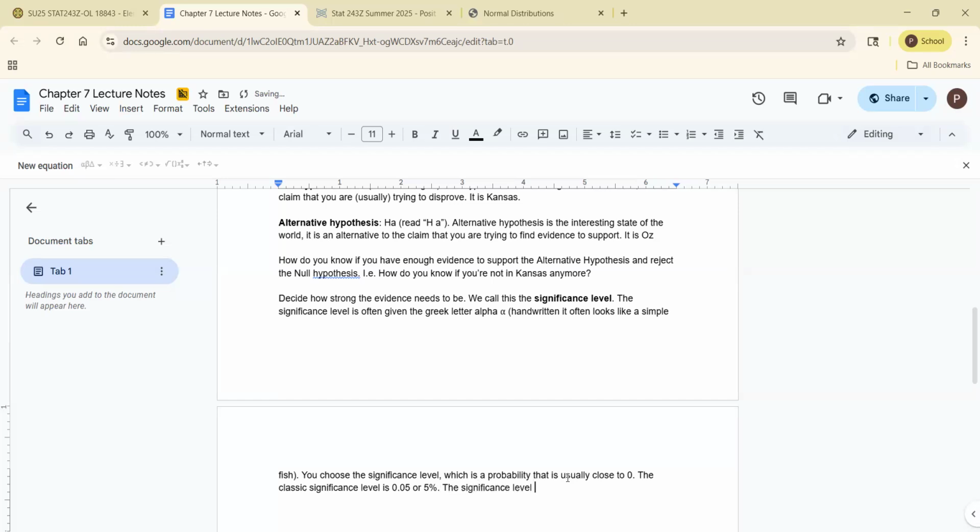The significance level says if the evidence I collect would happen only, in this case, 5% of the time or less, then I am confident that my data is strong enough to reject the null hypothesis in favor of the alternative hypothesis.